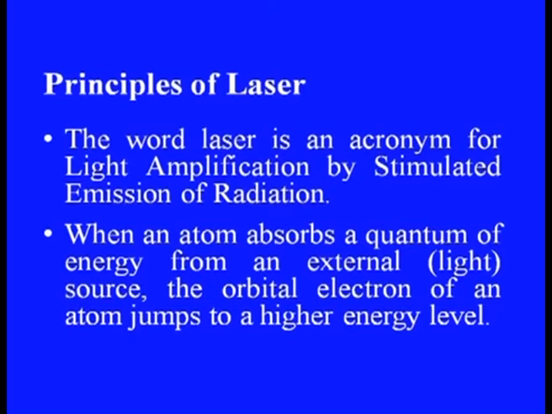So, when an atom absorbs a quantum of energy from an external source, which is usually a light source, the orbital electron of an atom jumps to a higher energy level. The electron later drops to its original low energy orbit and emits the absorbed energy.